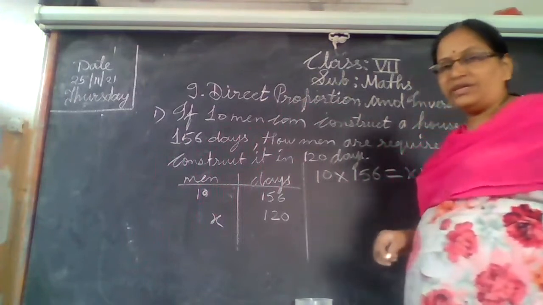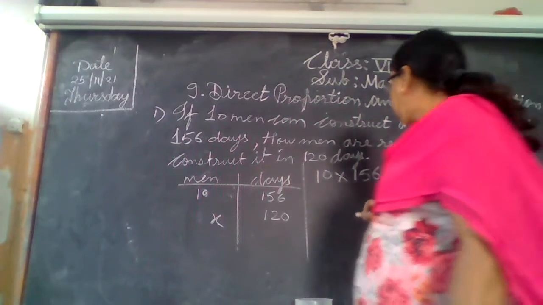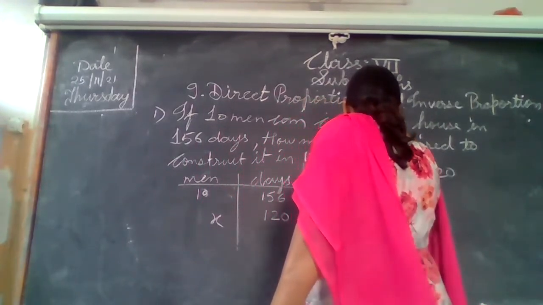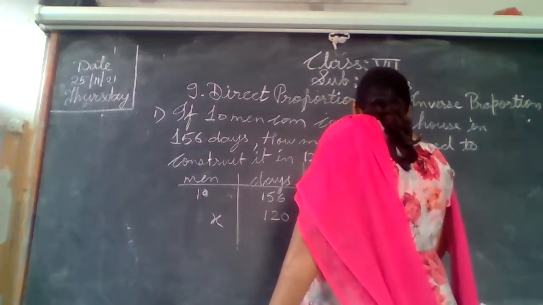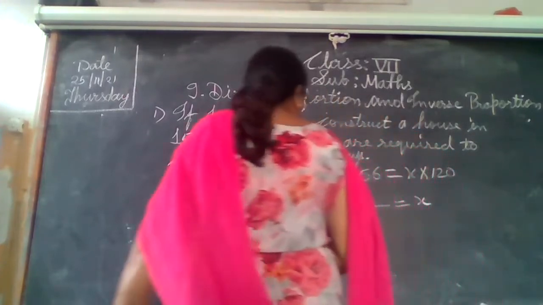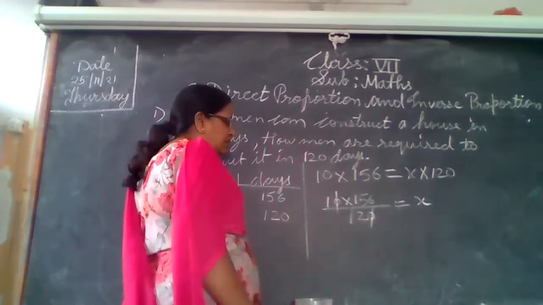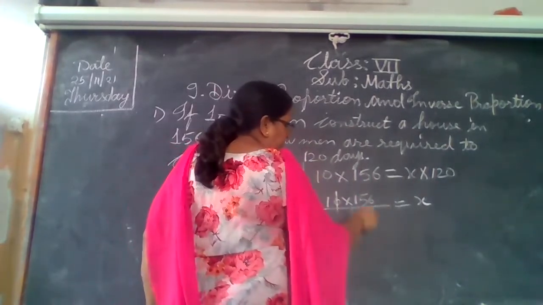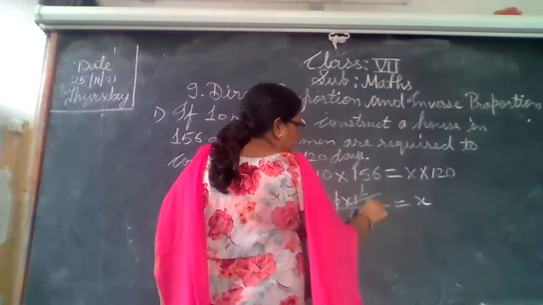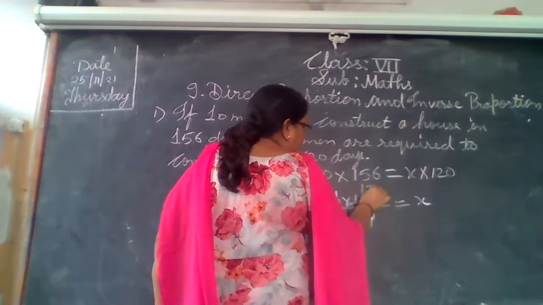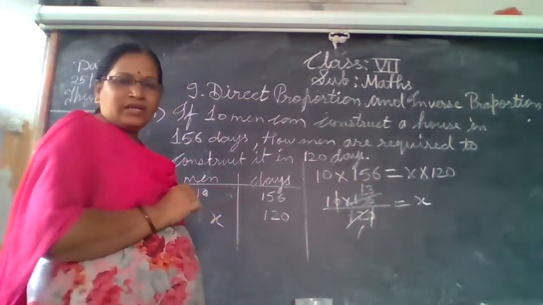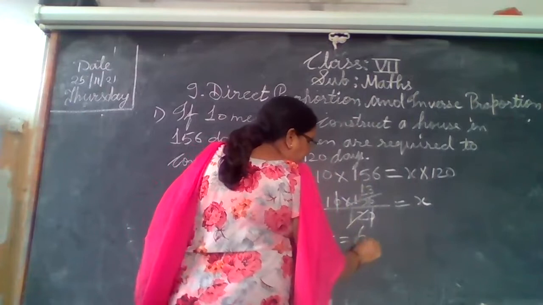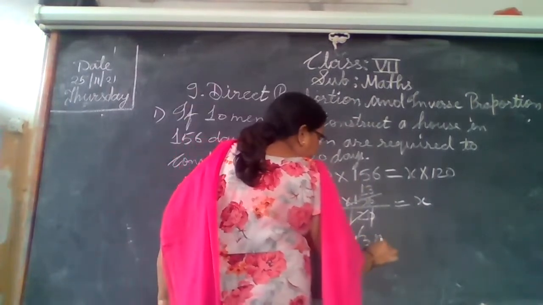This 120 goes to division after shifting: 10 times 150 divided by 120 equals X. This 0 will cancel, so 1 into 15 divided by 12. 12 and 12, 3 is left, 1 into 15 divided by 12 gives X equals 12.5.